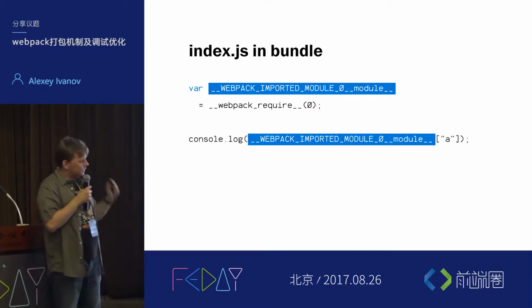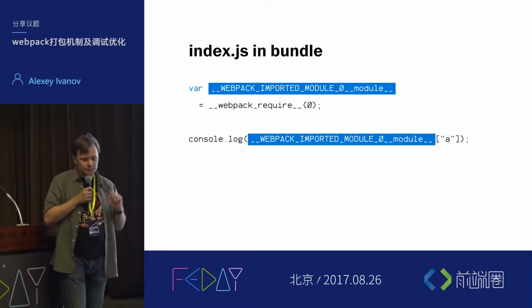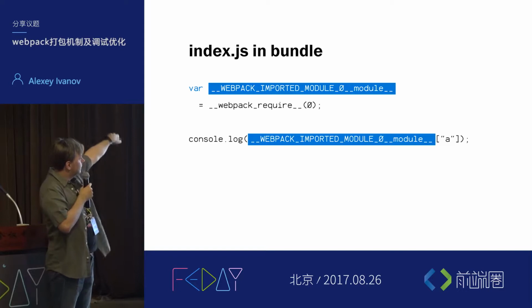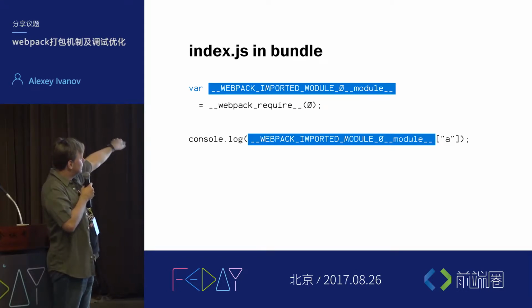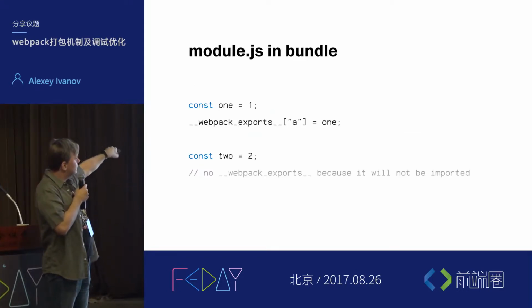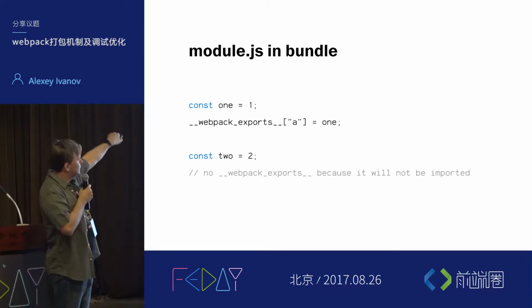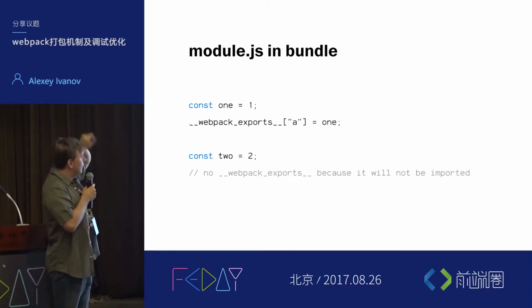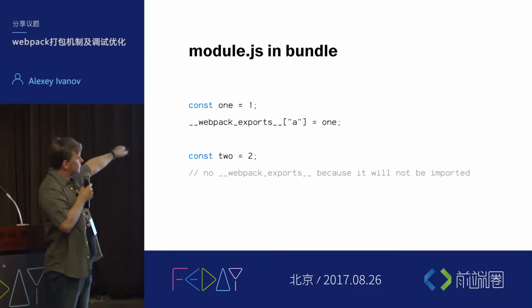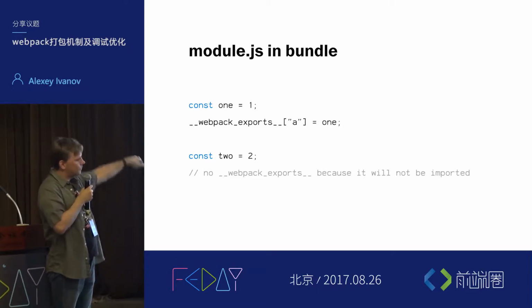But the fun thing is in the other file that has the exports. Basically, before we had exports on each variable, but now we do not have exports here, it's just const. But the const that we are sure will be imported has this function here.